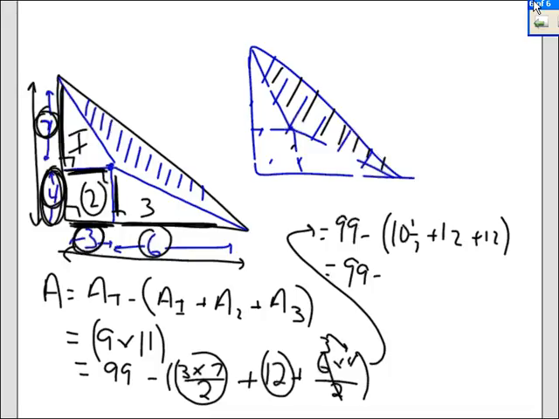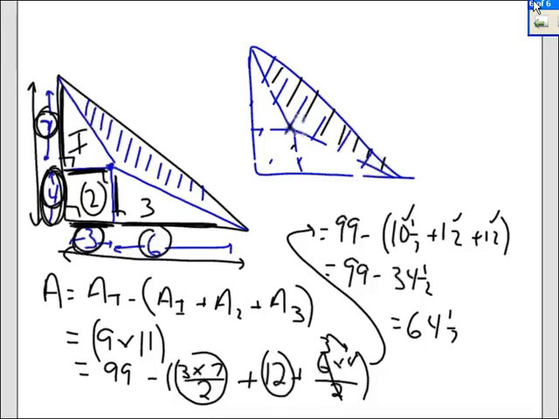It's 99 minus, excuse me, 99 minus what's in the brackets. 10 plus 12 plus 12 is 34 plus the half. This is 34.5.